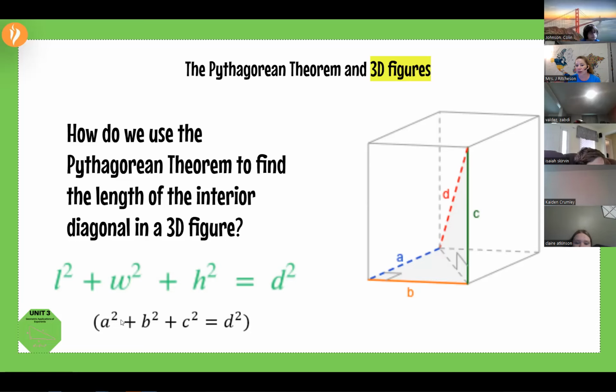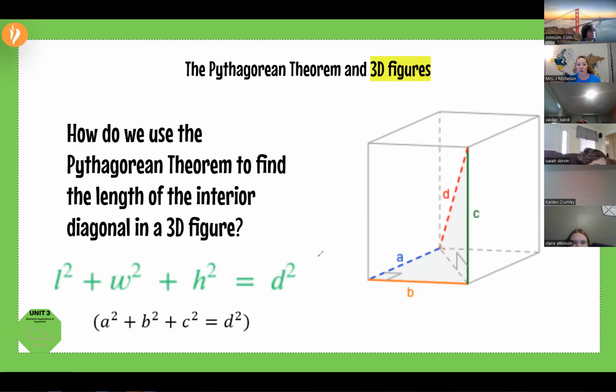All regular boxes have 90-degree angles, right? So you could think of the bottom of the box as a right triangle. One side is one leg of the triangle, across the bottom is the other leg, and the diagonal is the three-dimensional hypotenuse across the box from bottom to top.